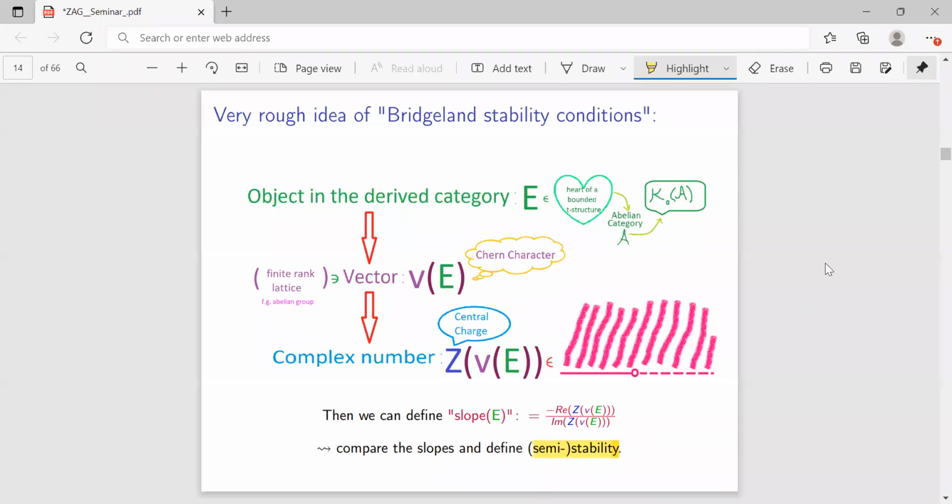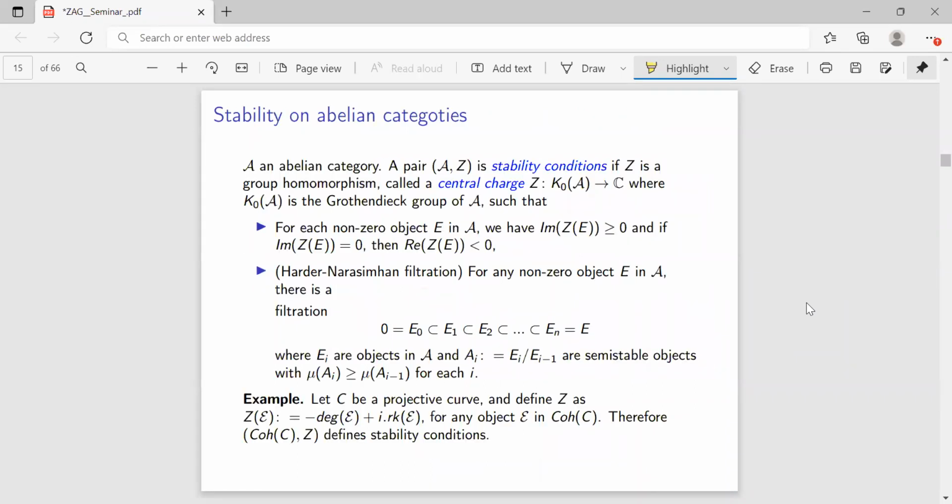Okay, now let's make the definition more precise. First, we start with a stability condition on abelian categories. Let A be an abelian category. A pair A and Z is a stability condition if Z is a group homomorphism, which, as I said, we call the central charge, from the Grothendieck group to C, such that we have these two properties.